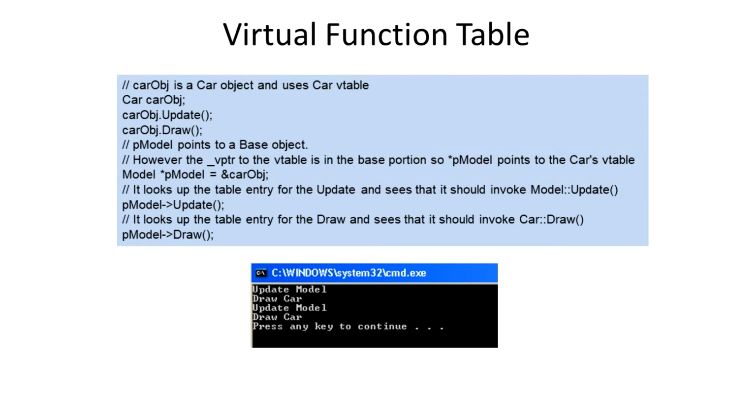We want to refer to the child's information rather than the parent's, because the object is the child, it's not the parent. So because we're pointing to the child object, when we invoke the update and draw functions through that pointer, we refer to the car's VTable again. This enacts the child object, so we see the same things being printed.